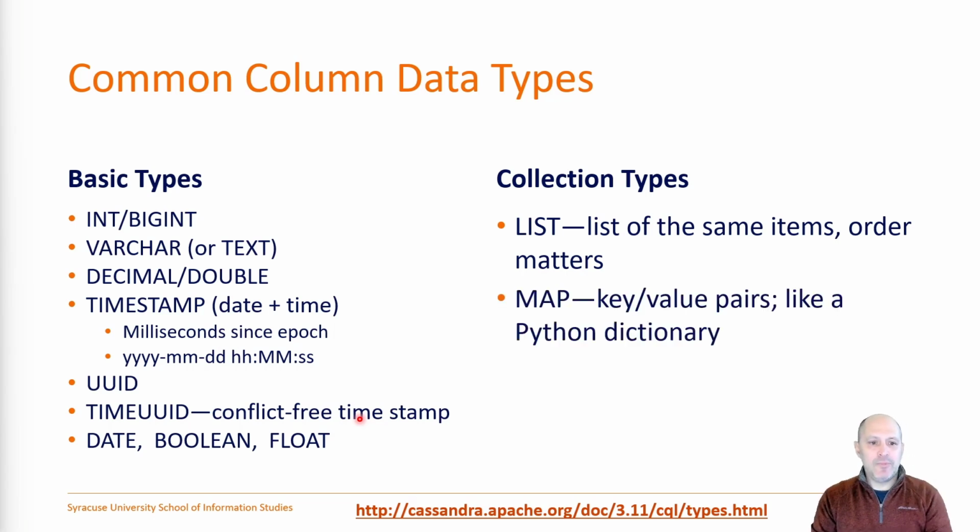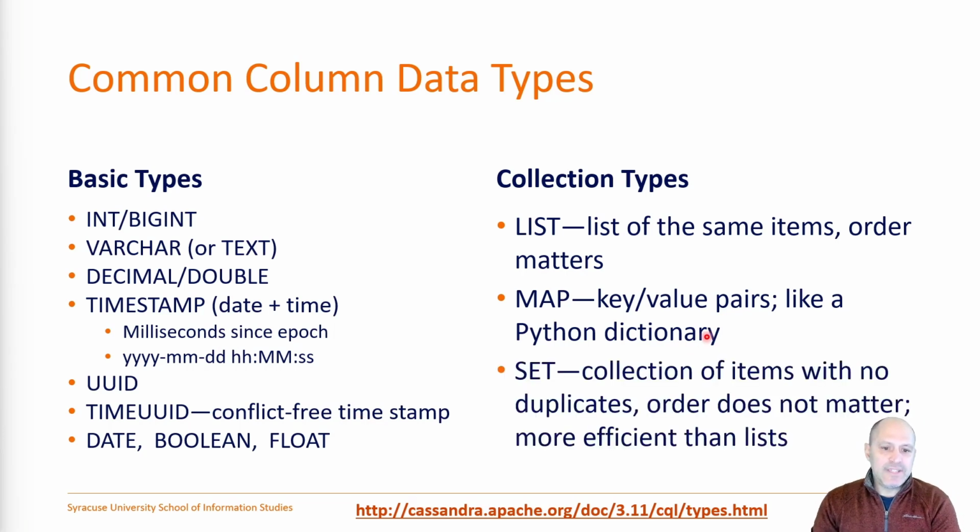You can have a map type, which is useful for embedding something. Like if I have an order and I want to embed all the customer information, because it's one order, one customer, right? So one order, one customer. So why not just take all that customer information and embed it into a map type? And then there's a set type, which is pretty much like a list, but there's no duplicates.